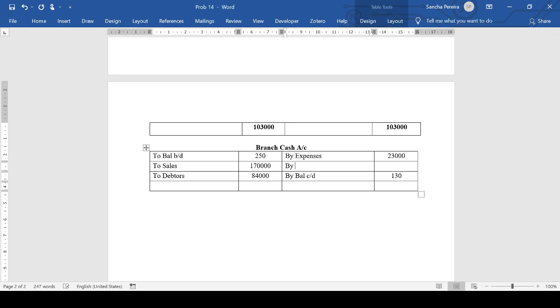So by head office, this is the balancing figure. The total here comes to 2,54,250, and the amount that has been sent to the head office after providing for those expenses and keeping a balance of 130 is 2,31,120.